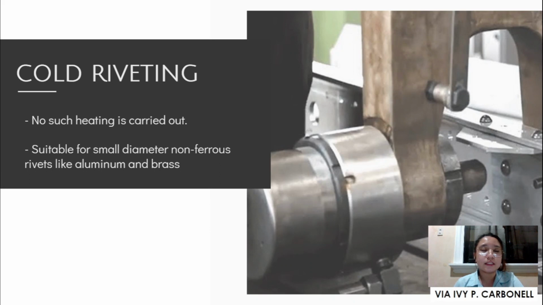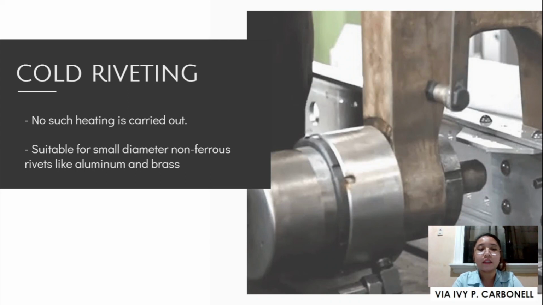Another method is the cold riveting and the hot riveting. When the plates are drilled together and then separated to remove any burrs or chips so as to have a tight flush joint between the plates, a cold rivet or red hot rivet is introduced into the plates and the point is formed. When a cold rivet is used, the process is called cold riveting. As you can see here in the picture, this is the process and example.